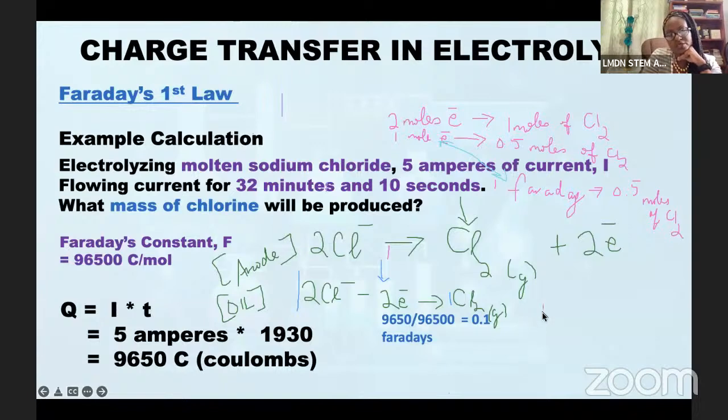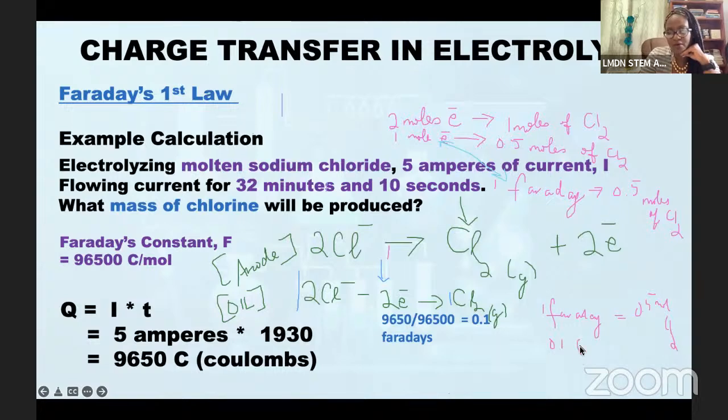So let me just bring it down here. 1 Faraday goes to 0.5 moles of Cl2, and we only have 0.1, right?